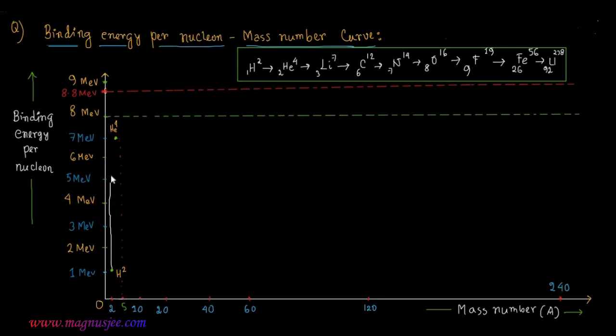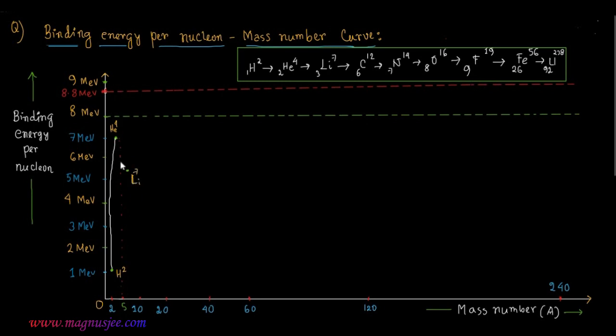The graph will be moving upwards from H2 to He4, and now we can denote the position of the lithium nucleus, Li7. The binding energy of the helium nucleus, He4, is 7 mega electron volt.